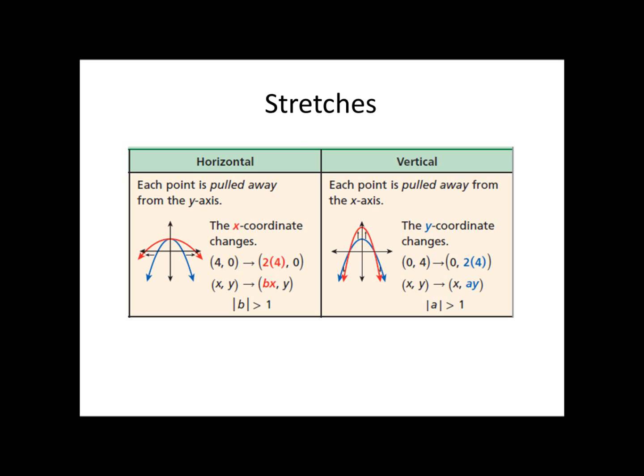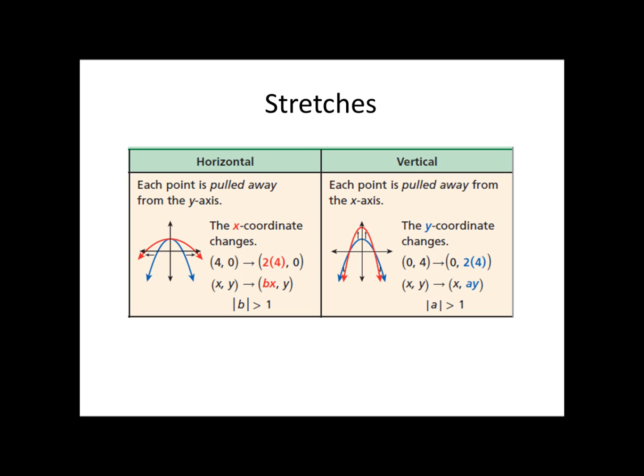Stretches are where we take a graph or a point and we move it away from one of the axes. If we're talking about a horizontal stretch, we're talking about stretching the graph away from the y-axis. Now, any points on the y-axis stay where they're at. So if we want to stretch away from the y-axis, we multiply the x-coordinate by a certain number.